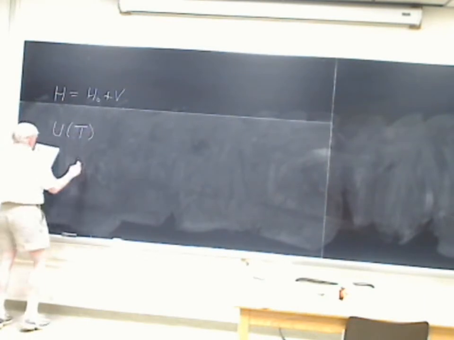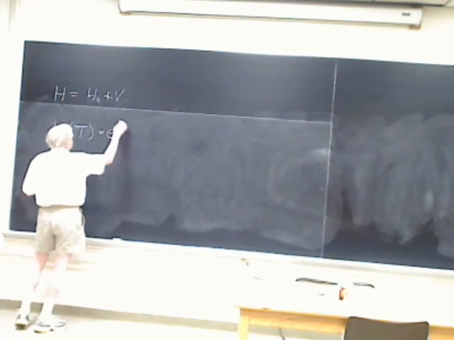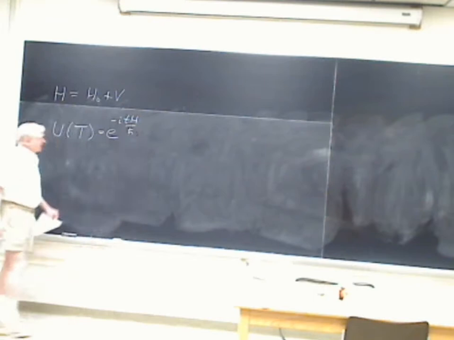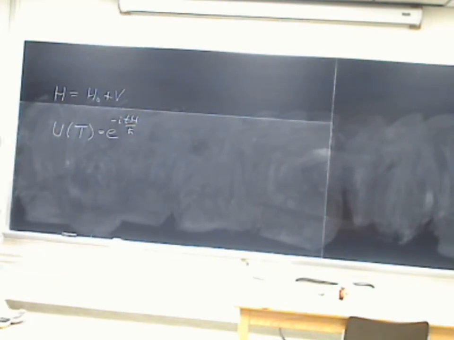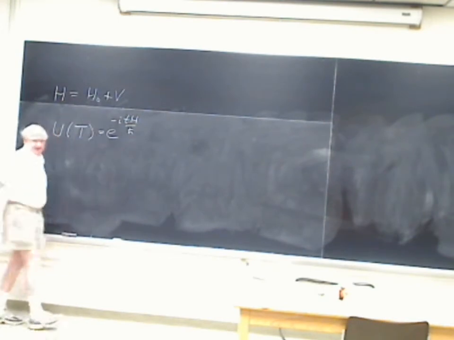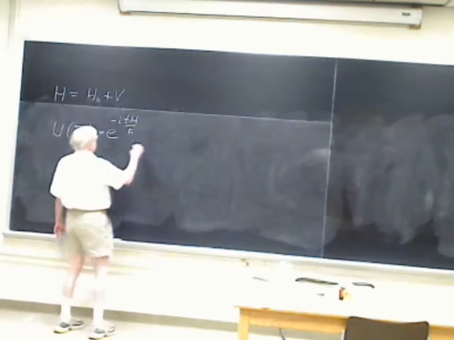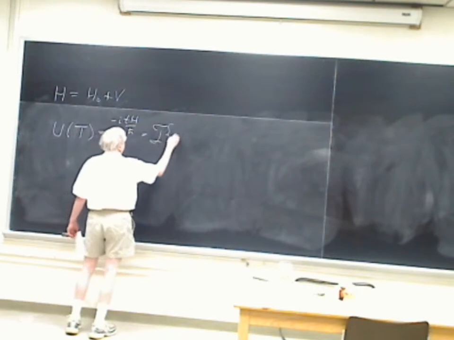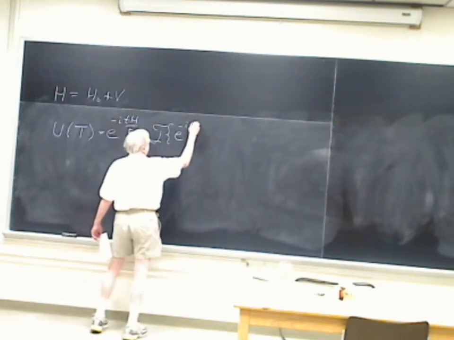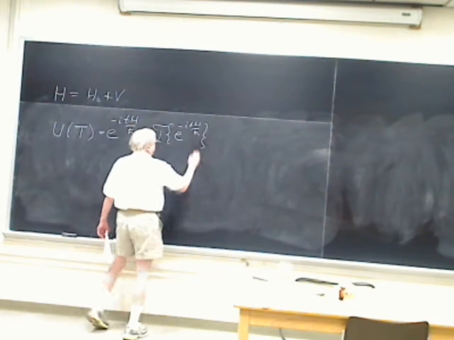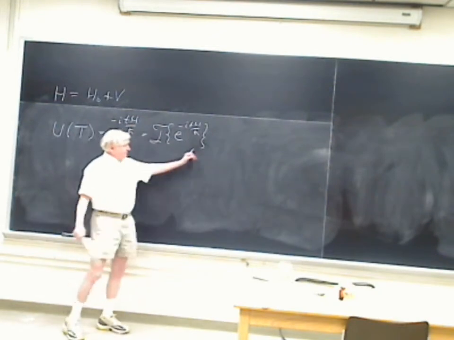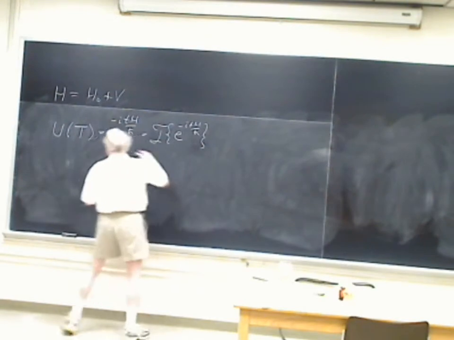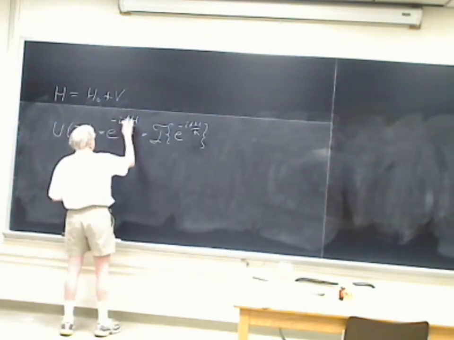The time translation operator is e to the minus i t H over h bar. In fact, let me just say what the difference would be. If these did have explicit time dependence in them, then this thing would be a time-ordered product, in which the earliest, well, I've got a capital T here, so I need a capital T here.